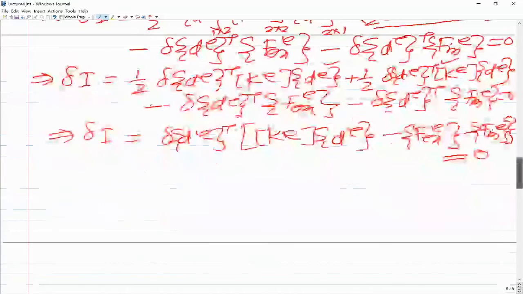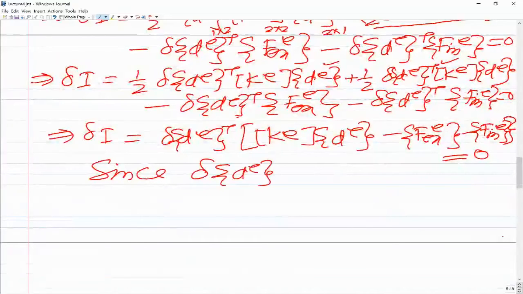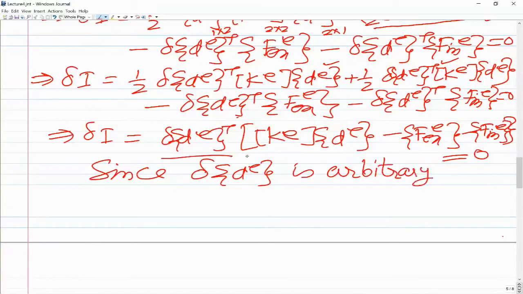Now the variation in D is arbitrary. Since delta DE is arbitrary, if you look at this delta I, it is a product of two things: delta D transpose, and the other side, we have all these terms.